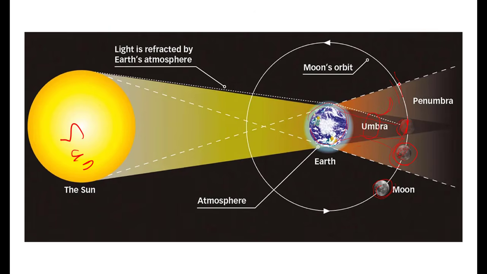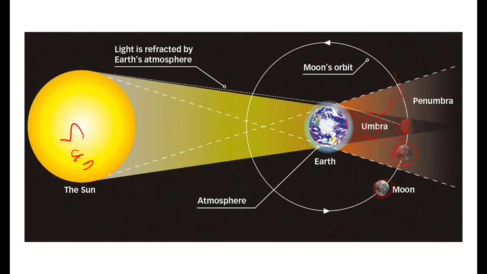That is the proof or evidence that the earth is spherical in shape, not flat. So Pythagoras, Copernicus and Galileo gave this kind of evidence to society that our earth is spherical, not flat. This kind of use of eclipse observation is very important in astronomy. I hope you get an understanding of this lunar eclipse and its importance.